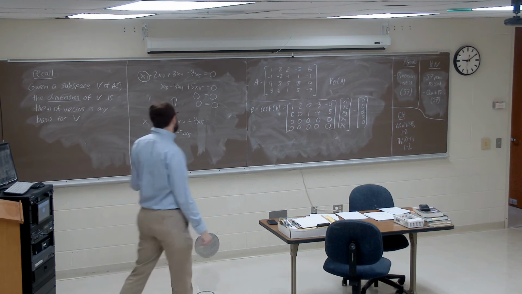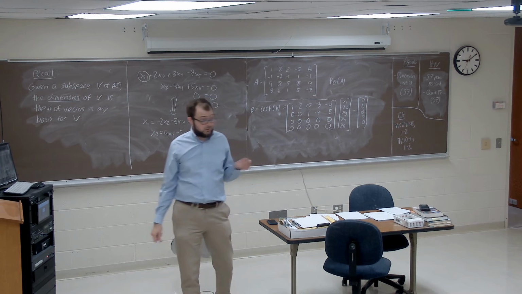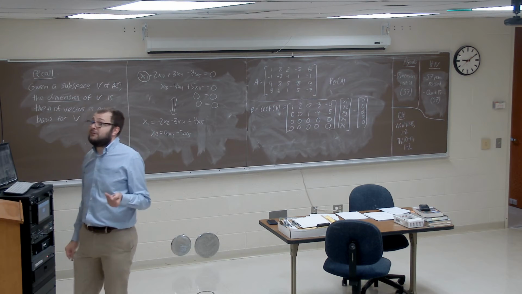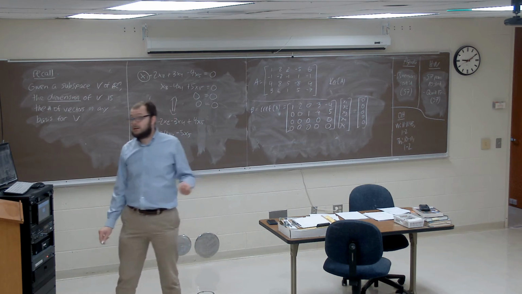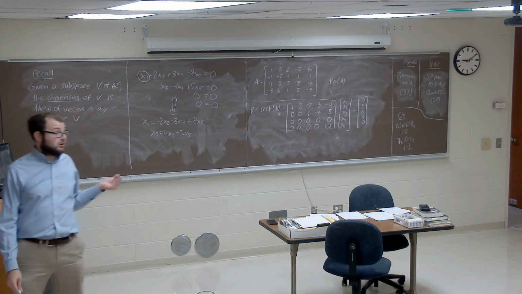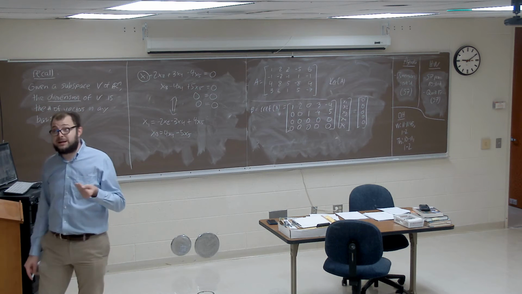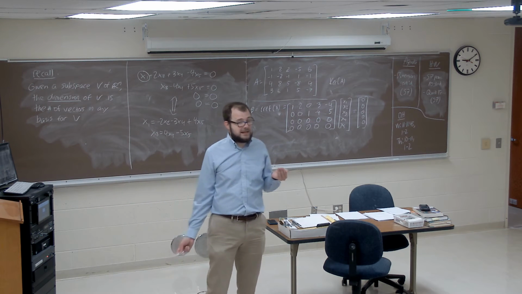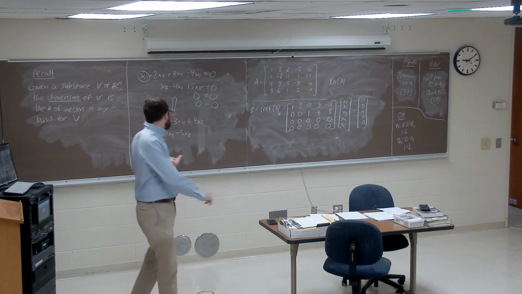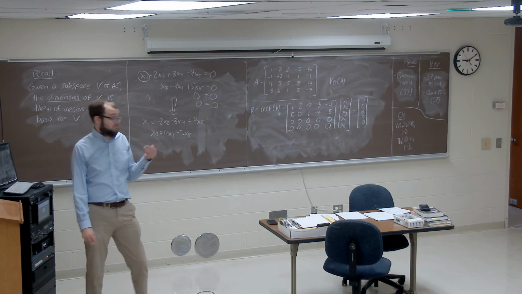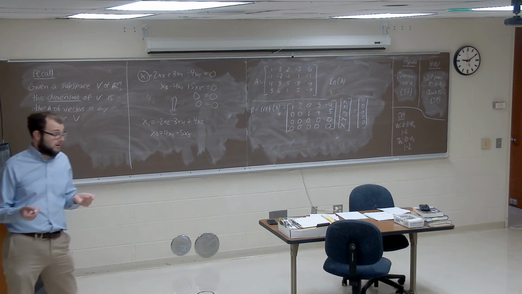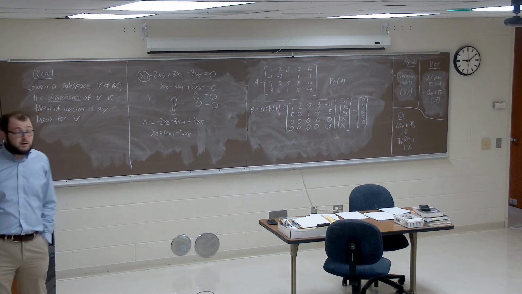So if we want to write out what our vectors in the kernel look like using free variables, x2, x4, x5 are our free variables. x1 and x3 are determined in terms of x2, x4, x5. So how can we use these to then find a basis for the kernel? How can we find, in other words, a linearly independent spanning set for our kernel?